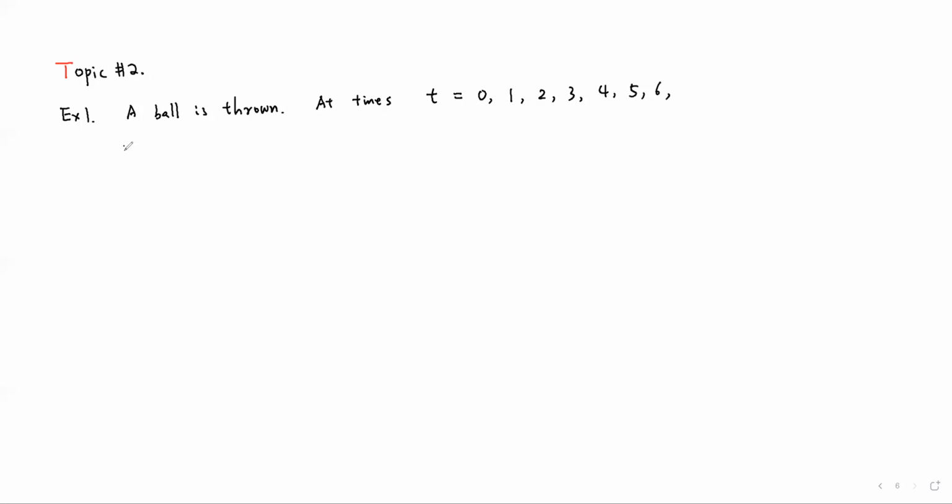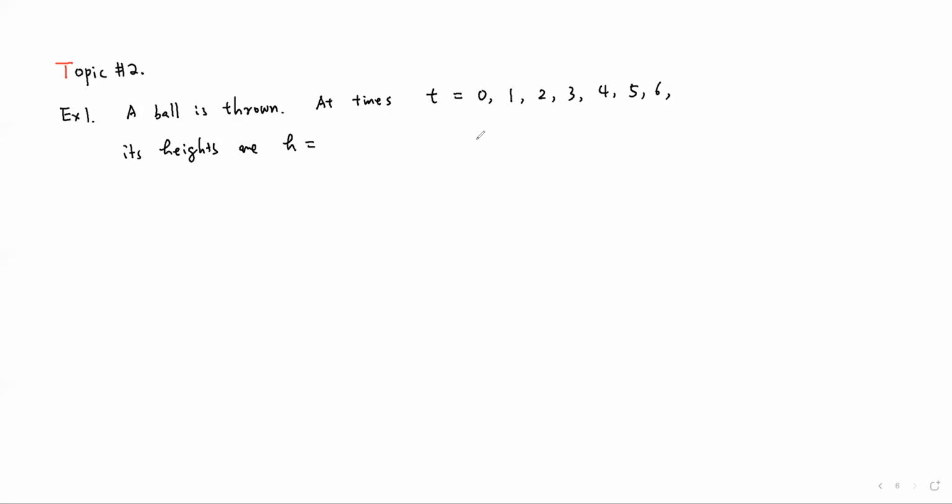The height of the ball is measured. Let me use h to mean height.